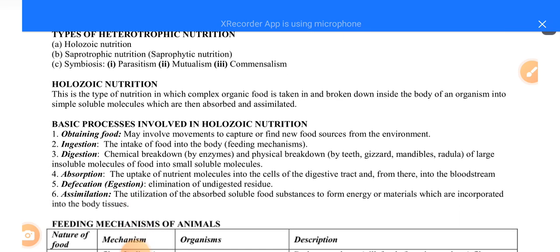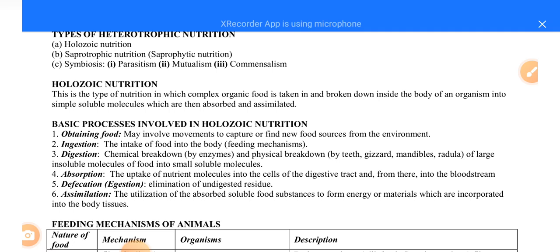From there we are going to look at the basic processes involved in holozoic nutrition. One is obtaining food, which may involve movement to capture or find new food sources from the environment.